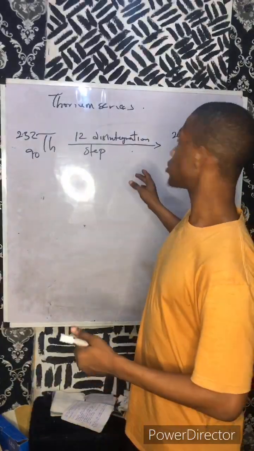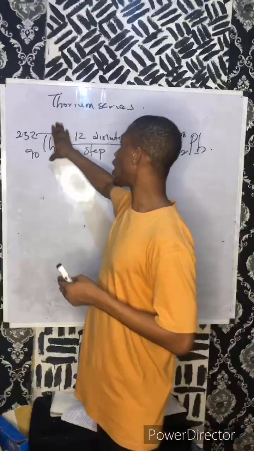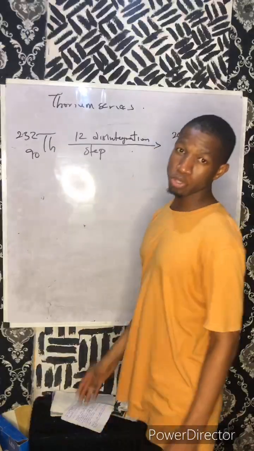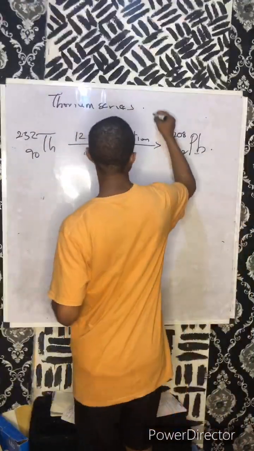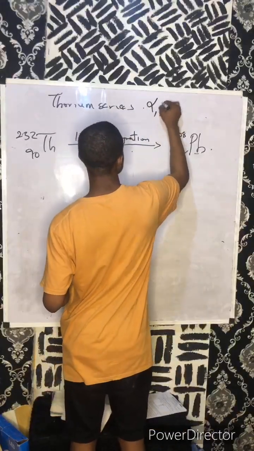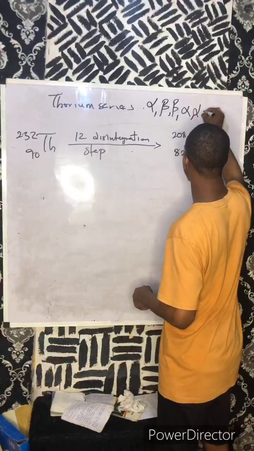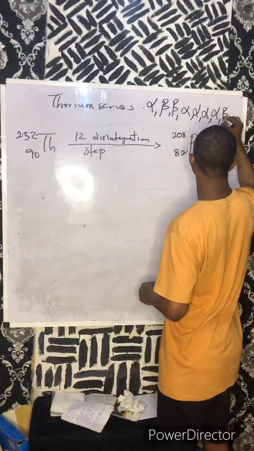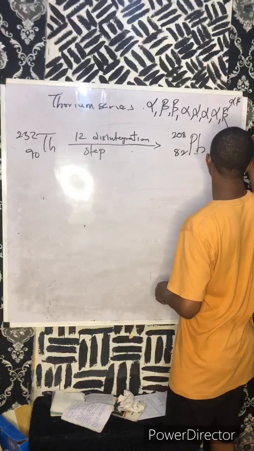Now let me write out the cheat code, because it's not like I'm the one that decided how thorium disintegrates. Somebody carried out this experiment already. So I'm just going to show you an easy way to cram it. First alpha is emitted, then beta, then alpha, then alpha, then beta, then alpha, beta, then beta, alpha.